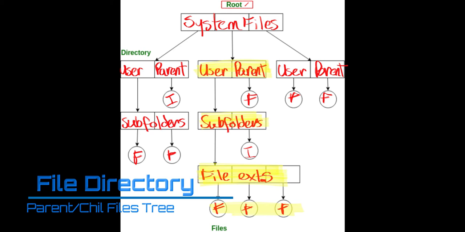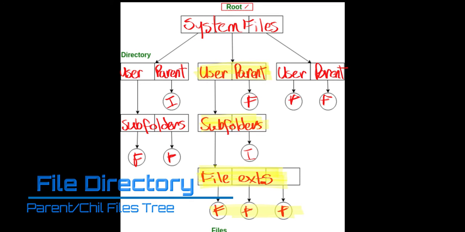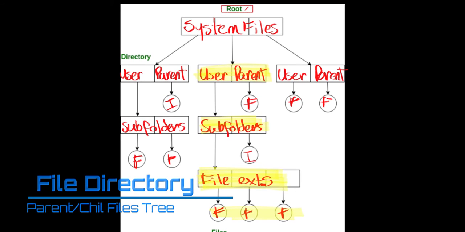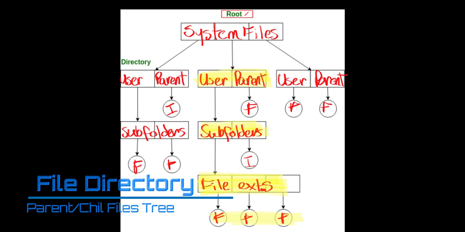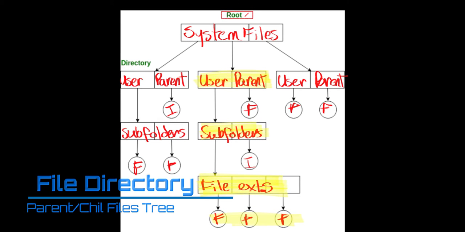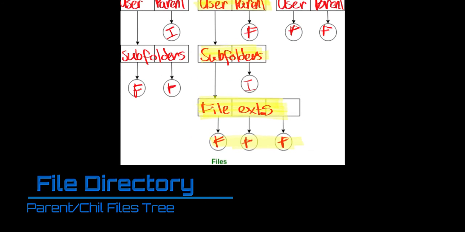Within your system files, you have the user folders, which are allocated to each person who has a sign-in to said computer. And within each user's allocated space, you have a parent folder, which houses all of these subfolders, such as your videos, your audios, your documents, and so on. And within each of those, of course, is where you find the actual file/file extension, which would be the video I was trying to edit.